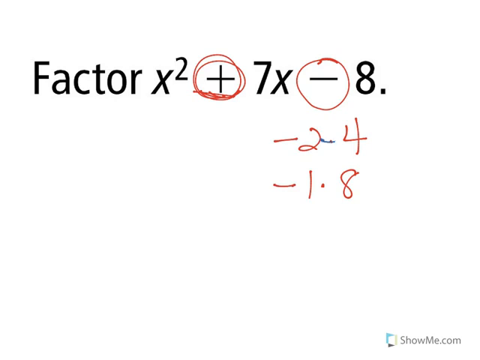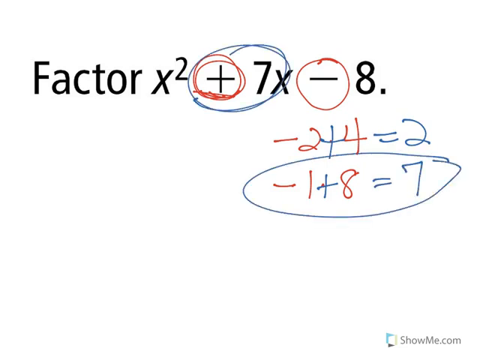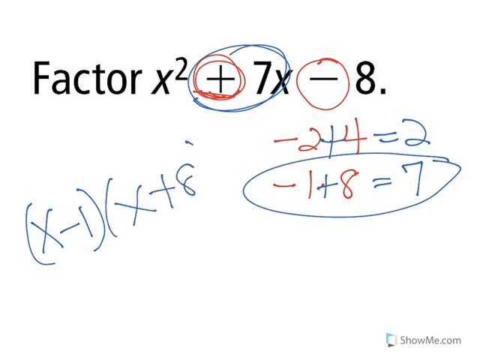We add them up. Negative 2 plus 4 equals 2. Negative 1 plus 8 equals 7. That looks like what we're looking for. So x minus 1, x plus 8. I tend to put my smaller factor on the left when I'm writing them out. You don't have to, okay? It's whatever works for you.